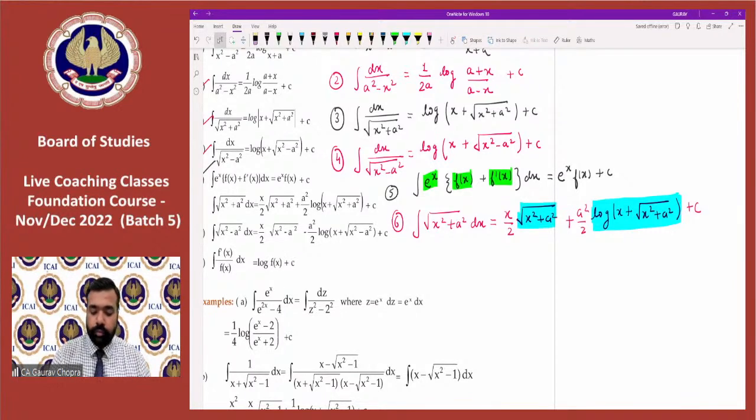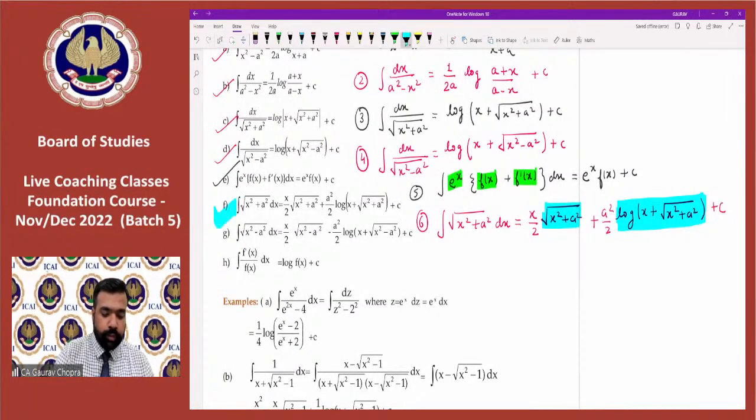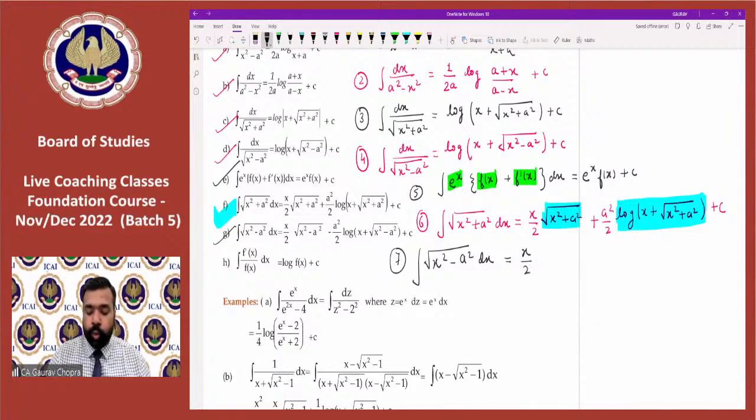And then we have to reach the next one, seventh. Seventh one is minus, subtraction, root x square minus a square dx. So x by 2 root x square minus a square will be there.